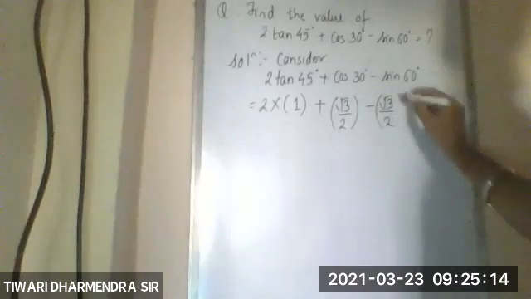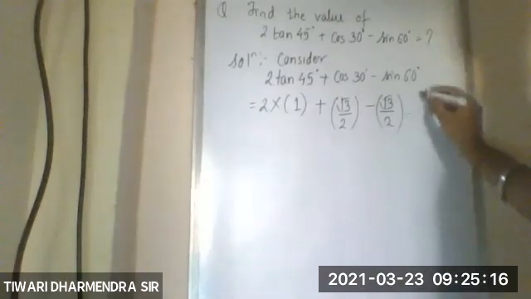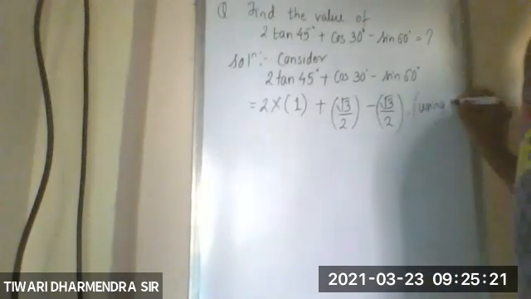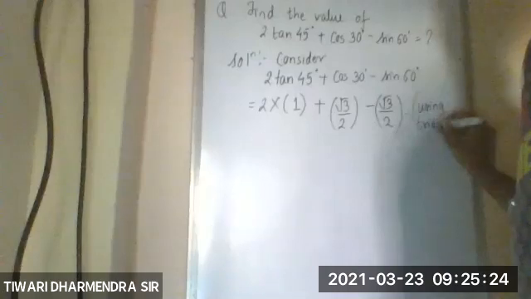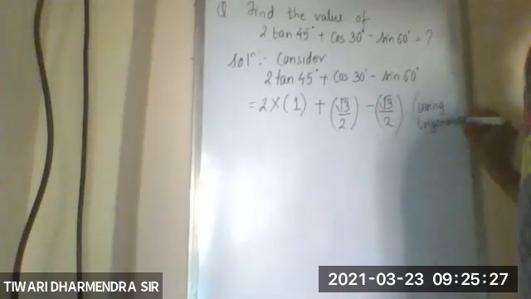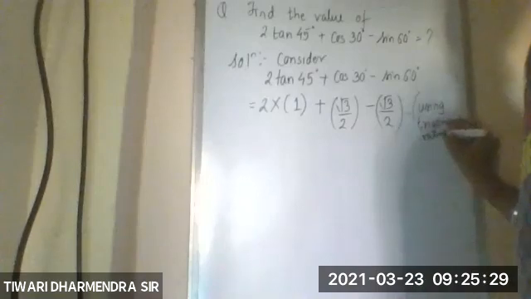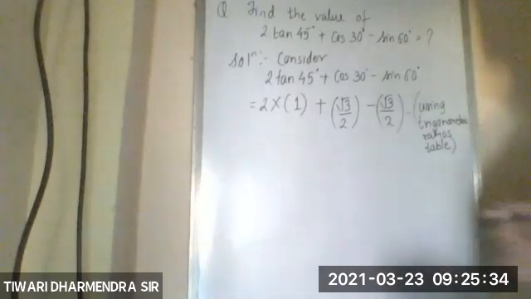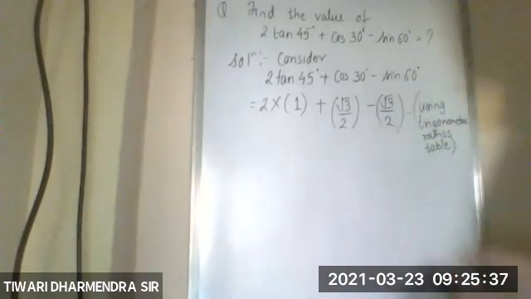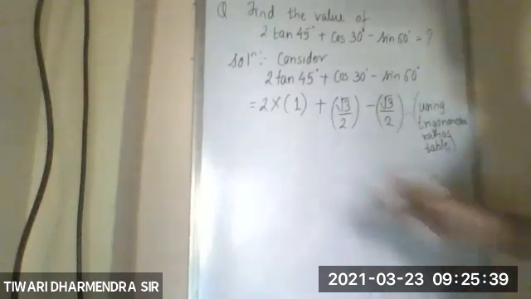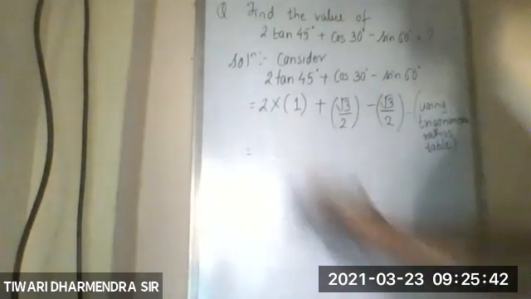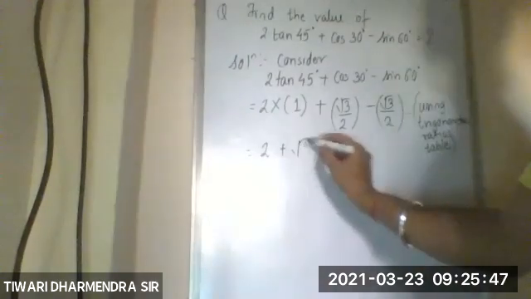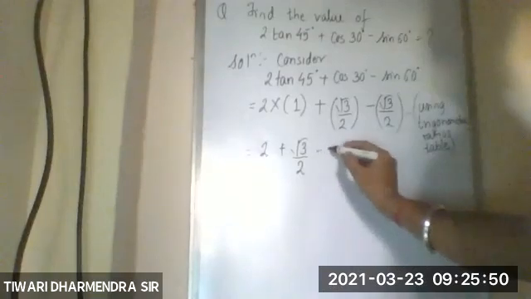Or you can write here, using the trigonometric ratios table. So this is 2 into 1, which is 2, plus root 3 by 2 minus root 3 by 2.